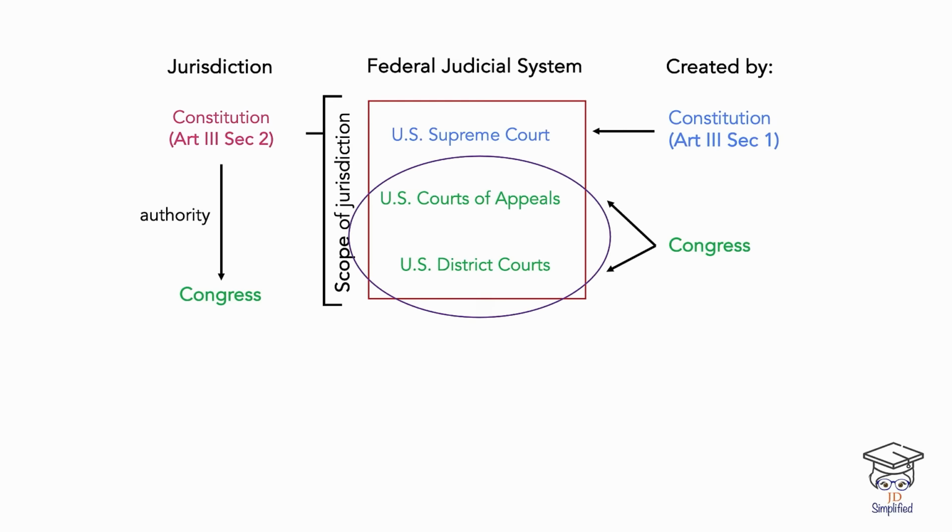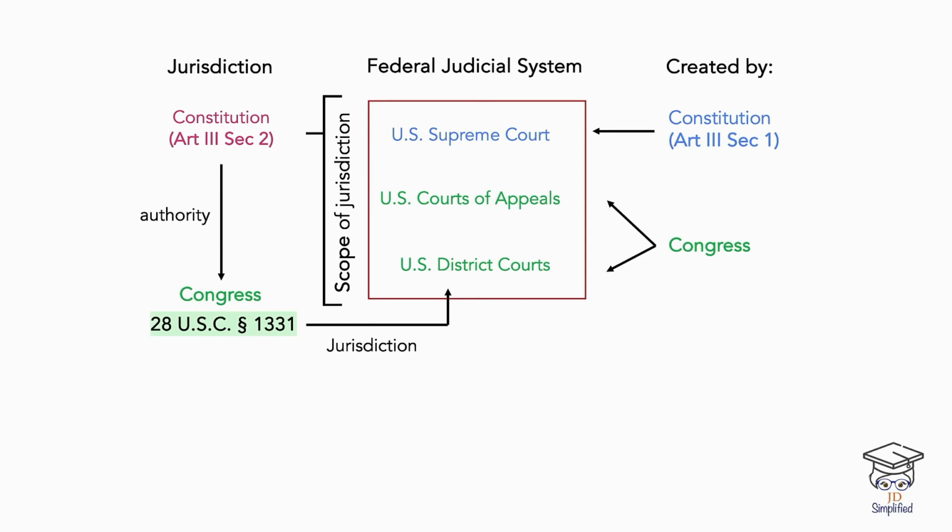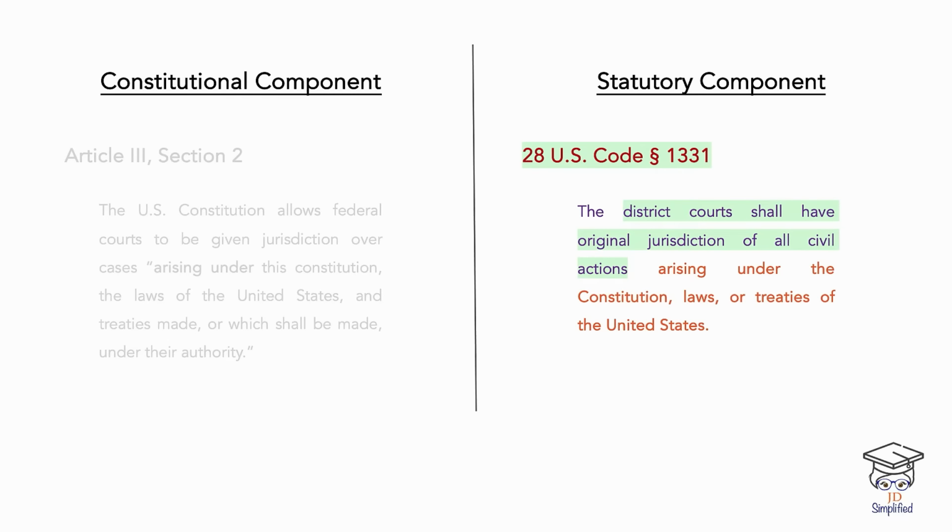See here? Congress creates the U.S. Federal Court of Appeals and the U.S. Federal District Courts, which are the trial courts at the federal level. Here in 28 U.S. Code 1331, we are looking at Congress actually giving jurisdiction to the federal district court, that lower court. That's where the statutory component comes from. The statutory authorization of 28 U.S.